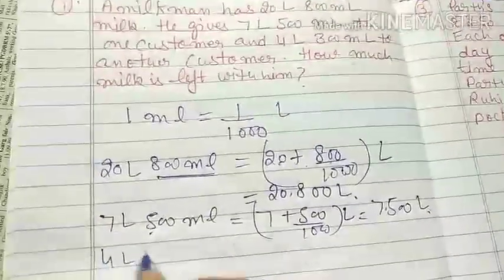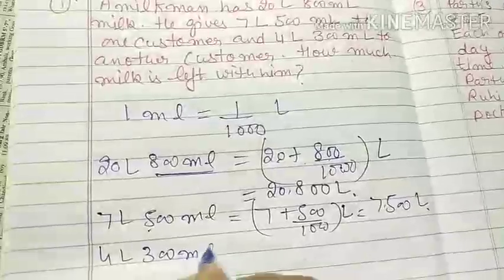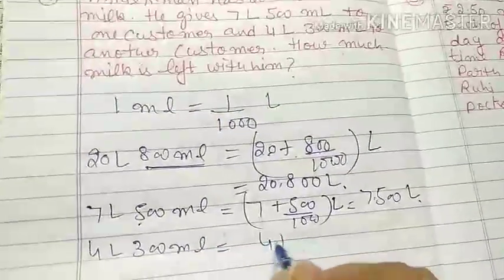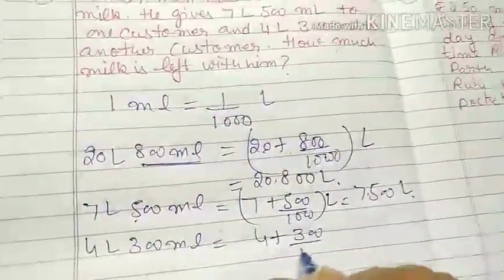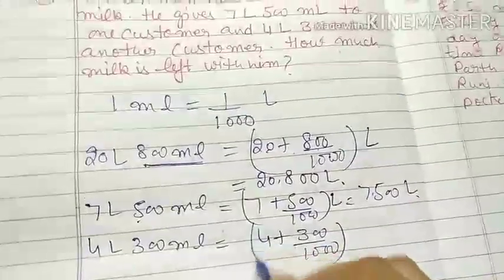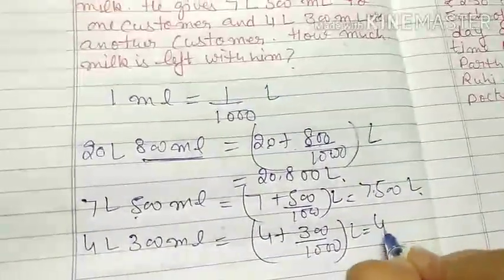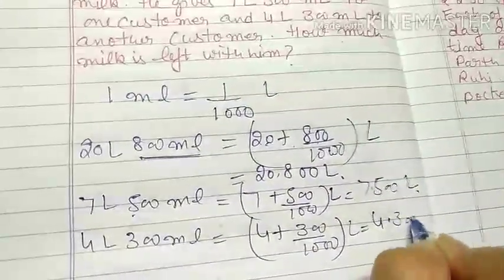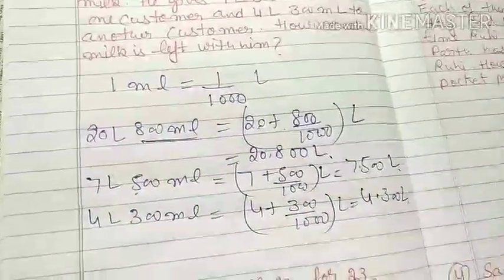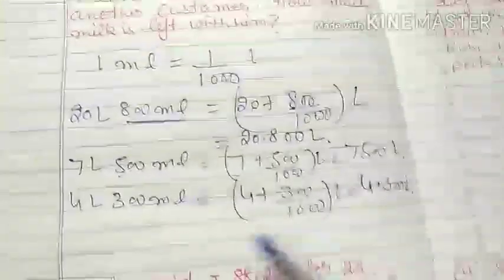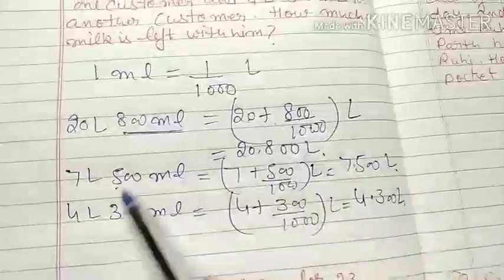Similarly, the next was 4 liter 300 milliliter. 4 plus 300 by 1000 liter. That gives me 4.300 liter. So that is the total milk given to the customers.